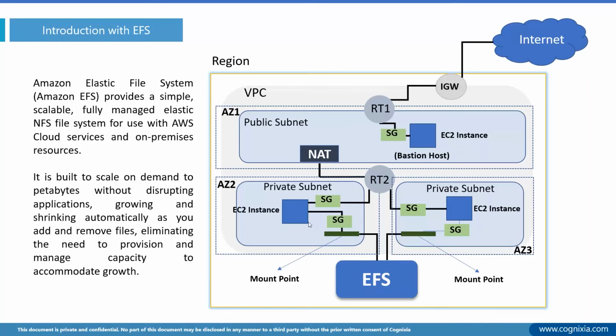Because in your company, maybe you are working with multiple machines, and you are seeking a kind of storage which should be common for all machines. So EFS provides a simple, scalable, and fully managed NFS file system in the AWS environment. So EFS is basically using NFS.